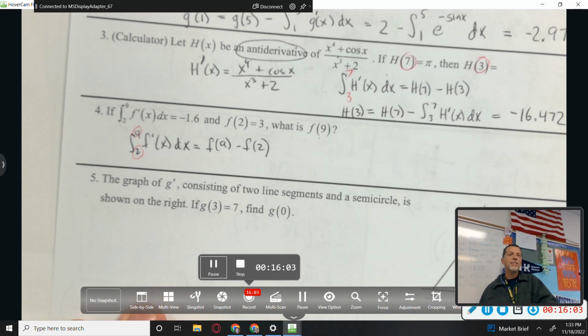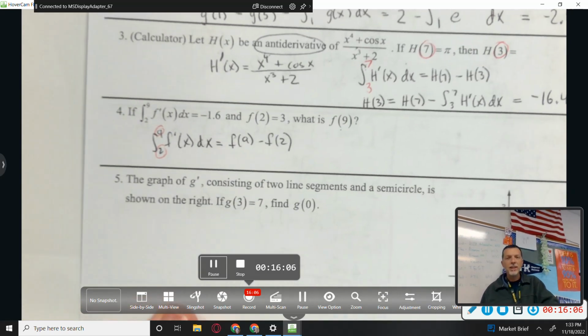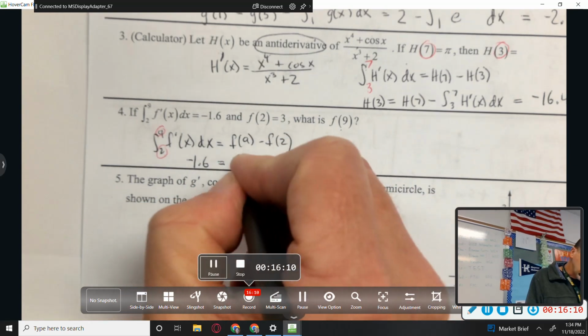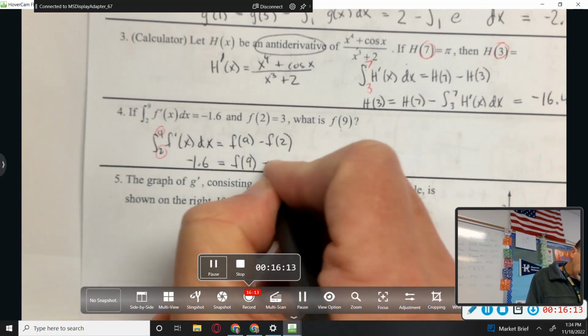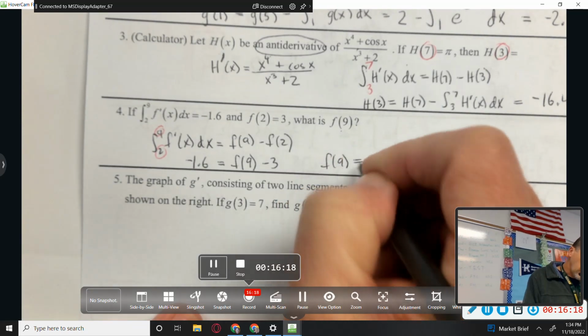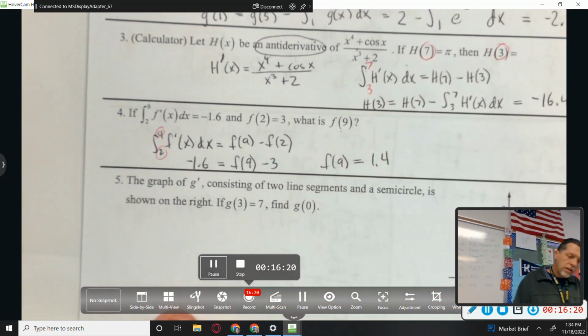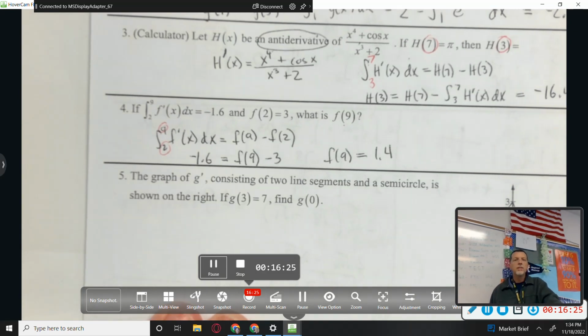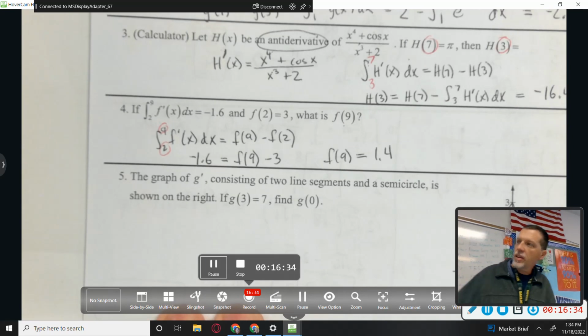They just gave me the answer, but I had to recognize what they were giving me. So negative 1.6 equals f of 9 minus 3. So f of 9 is 1.4. That's kind of a weird one. It had no calculations other than some adding and subtracting, but you had to recognize what they were giving you. Thank you, sir.